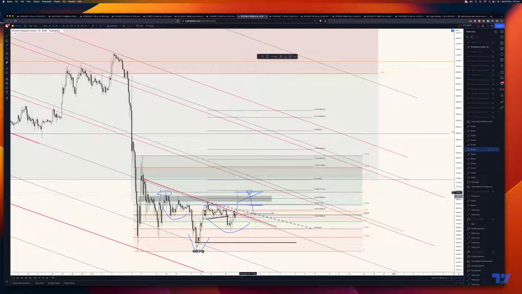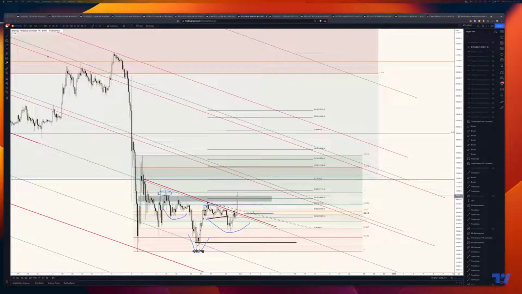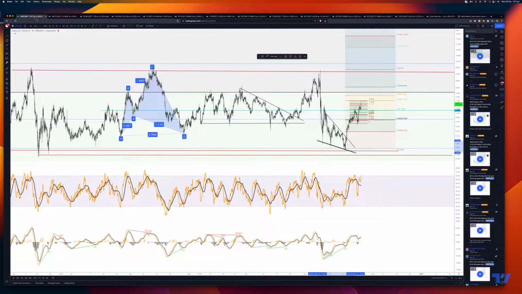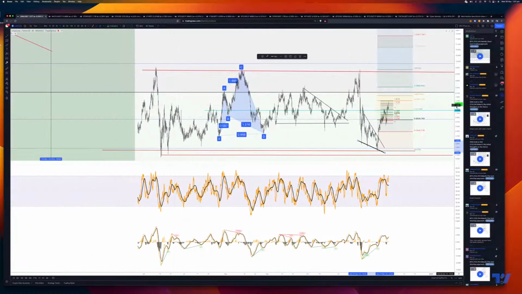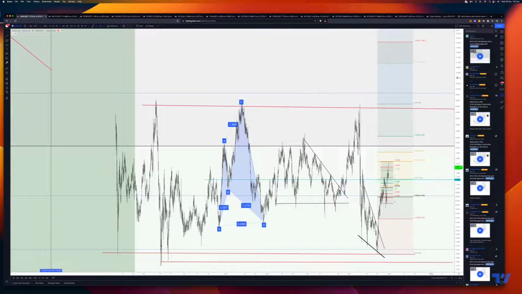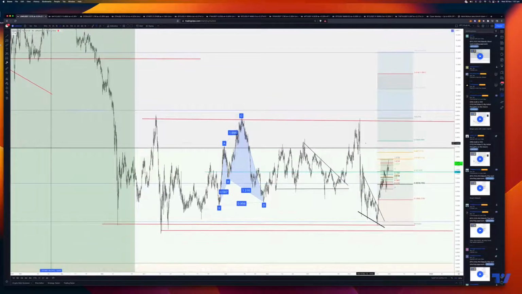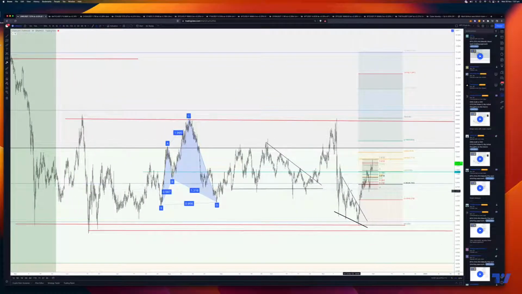What would the alts do? Well, let's have a look at a few of them and see if it makes sense to find any buys. So Link had that nice breakout move, and when we look at the 0.618, it's already hit it, and it's already very close to.